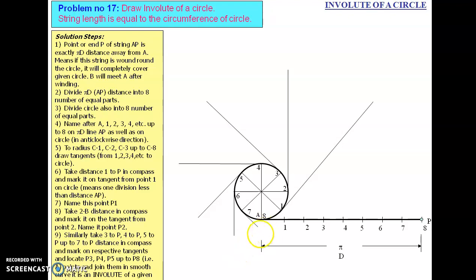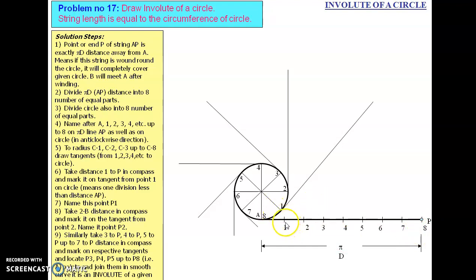Now what will be the next step? Take the distance 1 to P, because this much string length will be wound around this portion of the circle. Whatever the remaining string length is, 1P, is the remaining string length.